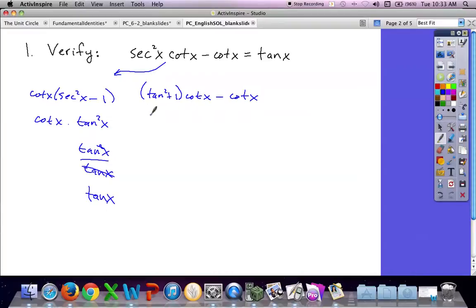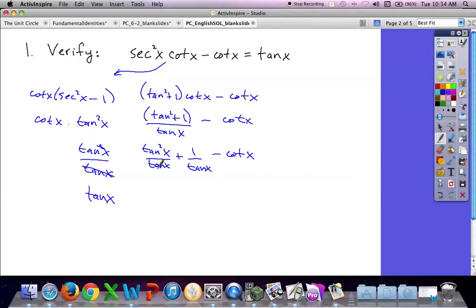So now I've got tan squared plus 1 over the tangent minus the cotangent. And then I'm going to split this up into tan squared x over tan x plus 1 over tan x minus cotangent of x.